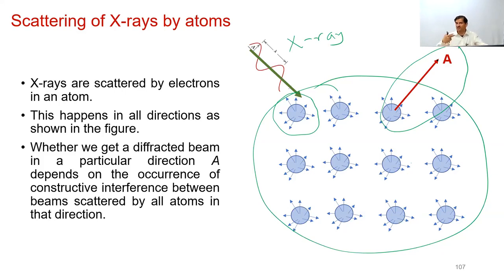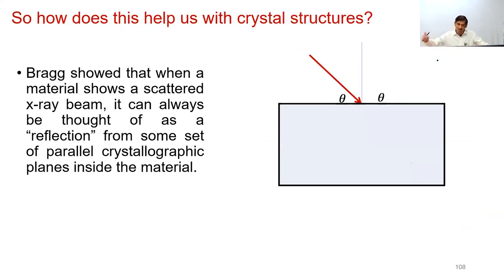So how does this help us with knowing crystal structures in the material? The famous scientist Bragg, actually they were father and son, both Braggs, showed that, suppose this block is a material and this red incoming arrow is an incoming X-ray, whenever that material shows a scattered X-ray beam such as this one, we can always imagine this scattering as happening from a particular set of crystallographic planes inside the material.